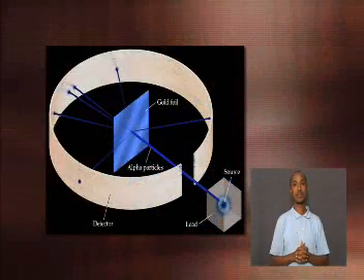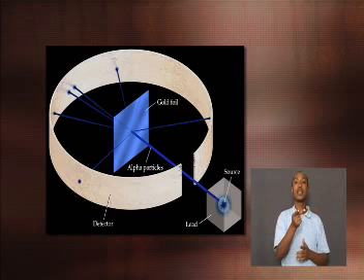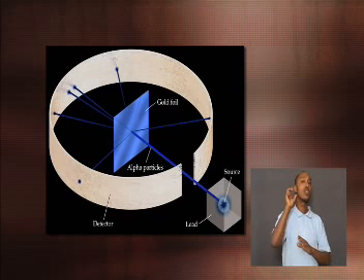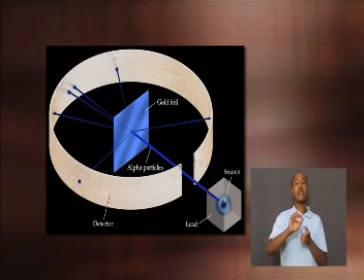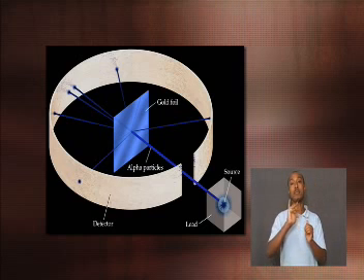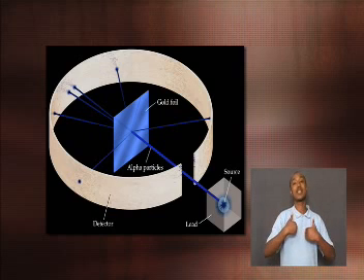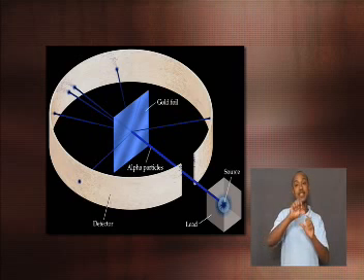Since most of the alpha particles passed through the gold foil undeflected, most of the space in an atom is empty. Some of the alpha particles were deflected by small angles. This indicated the presence of a heavy positive center in the atom called the nucleus.